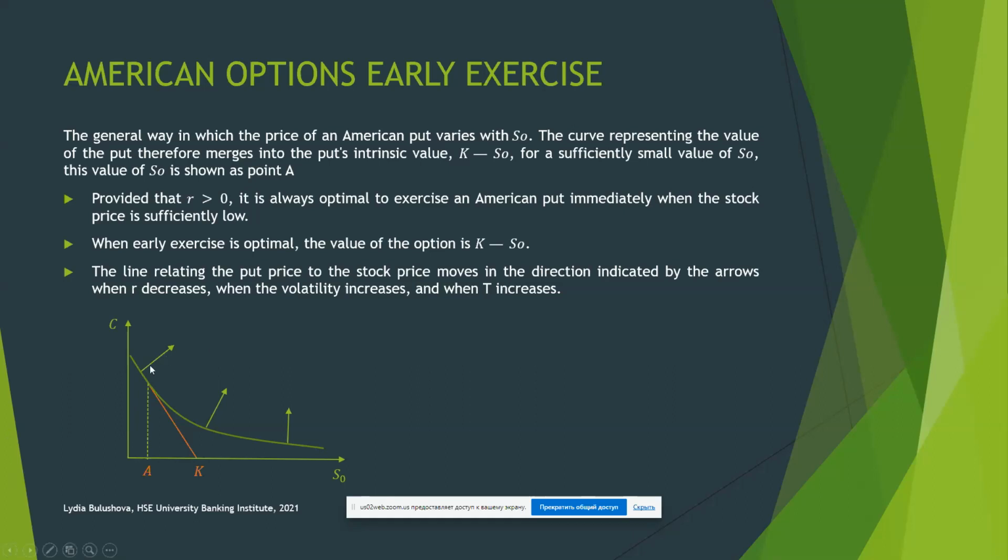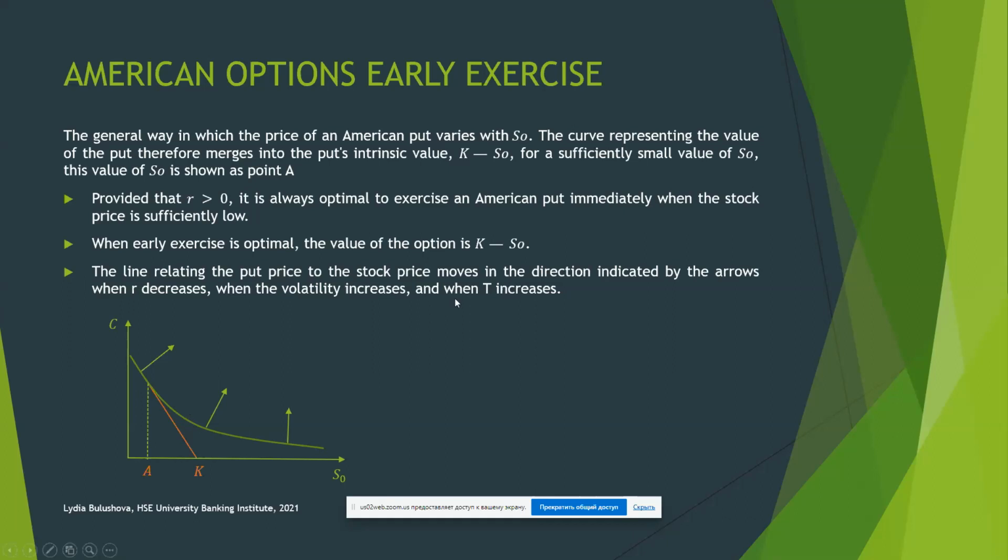These green arrows show us the way the put price moves when the interest rate decreases, or when volatility increases, or when the time, the contract length, increases.